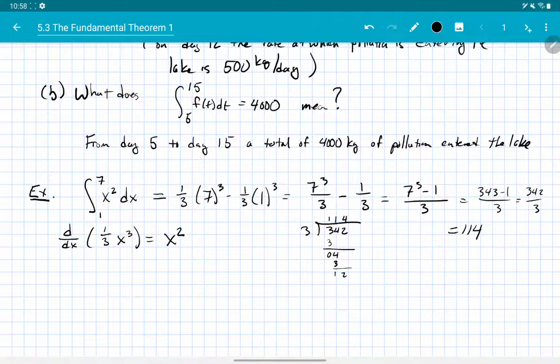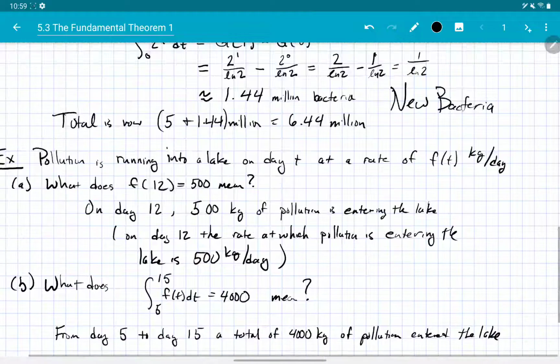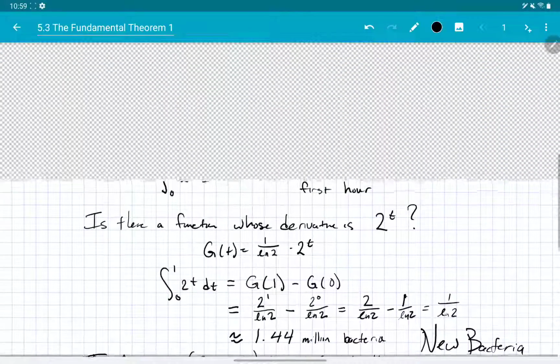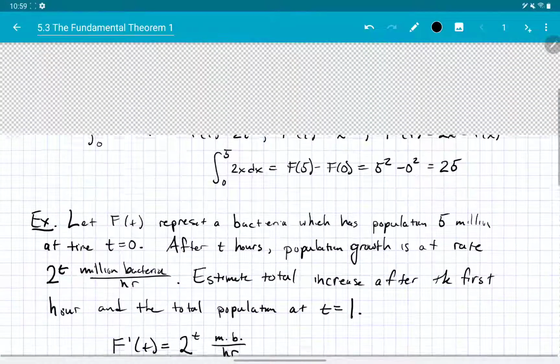So I'm going to have some problems on a worksheet, as usual, which you'll take care of in a few minutes. And then on the next video, part 2 of this lesson, I'm going to talk about why this theorem is true. I'm going to try to sketch a proof of this theorem for you. This fundamental theorem, right, it is a pretty crazy statement.